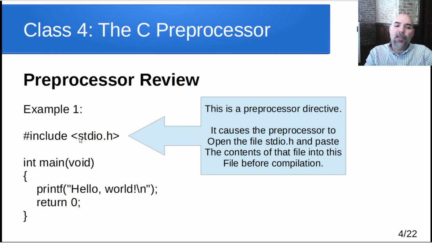The main reason for that in this particular program, as we've said before, is that if we're going to use this printf function, which is part of the standard library, the compiler has to know what that function returns and what it accepts as parameters, in order to create the code to use it properly and to check that we're using it properly.